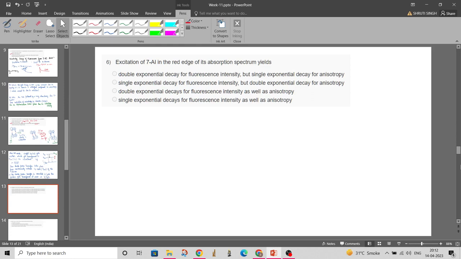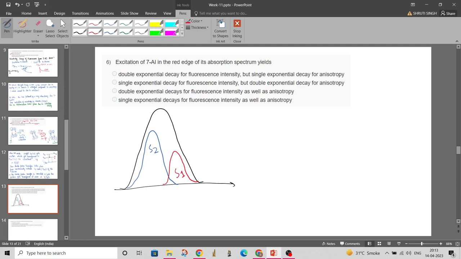So let's see, if this comes due to excitation to S2 and this comes from S1, if we excite at the red edge here, then the S2 to S1 crossover should not happen here at lambda 3. For example, here is in between.